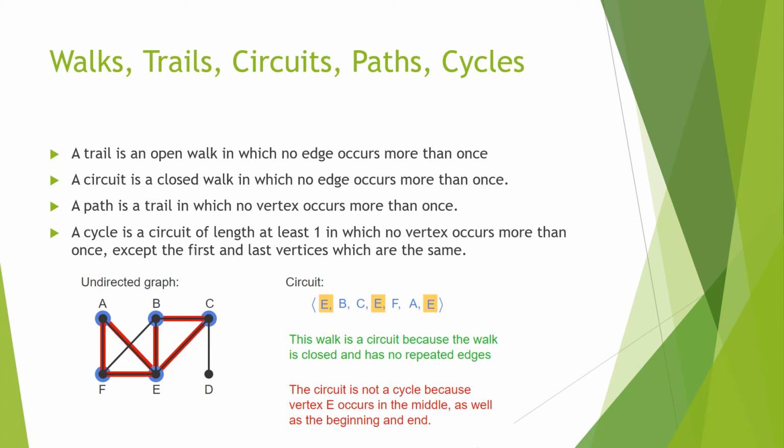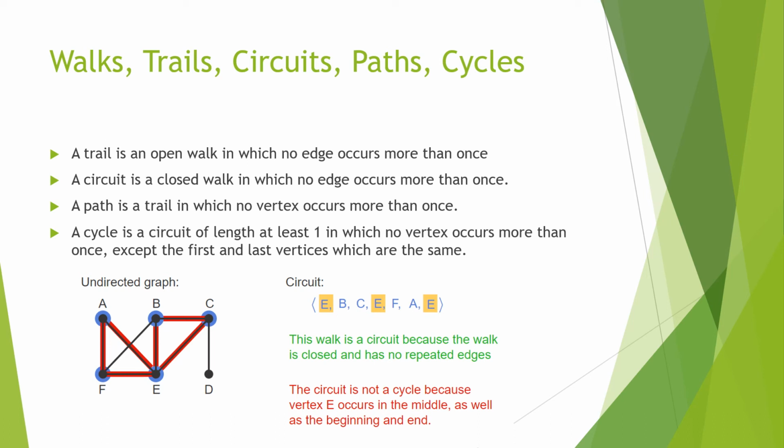So here is an example of a circuit. The circuit starts from E, and then it goes to B, C, E, F, A, E. As you see in this circuit, we have repeated vertex E 3 times, but it is still a circuit. Why? Because we didn't repeat any edges.